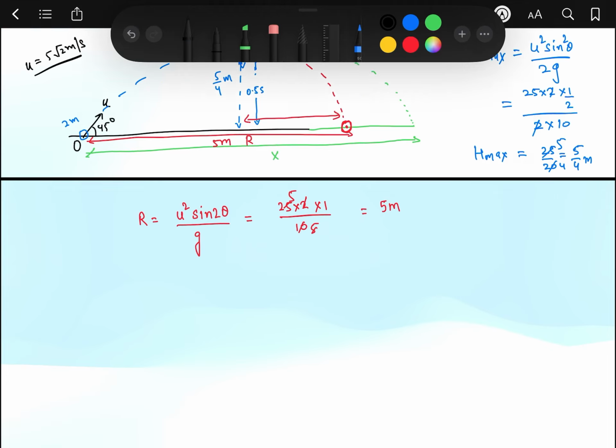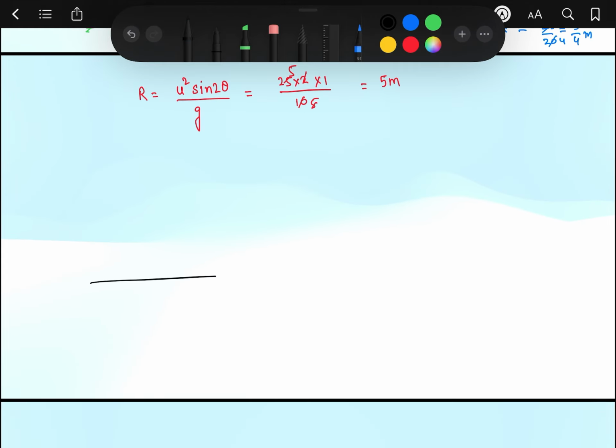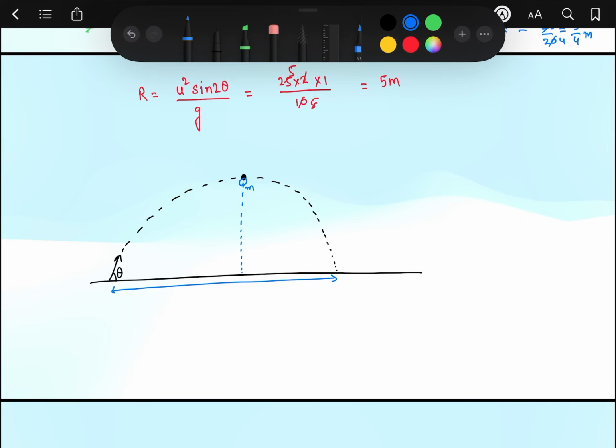So I will draw this diagram again now. Like this was our projectile. It was being projected at an angle theta, that is 45 degree, and if it was not split, then the trajectory of this projectile was like this, and it was the initial maximum height here. Now since it was split, one mass will be falling here downward, and this total length R is equal to 5 meter.